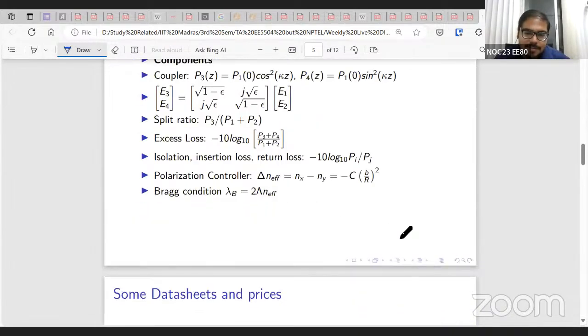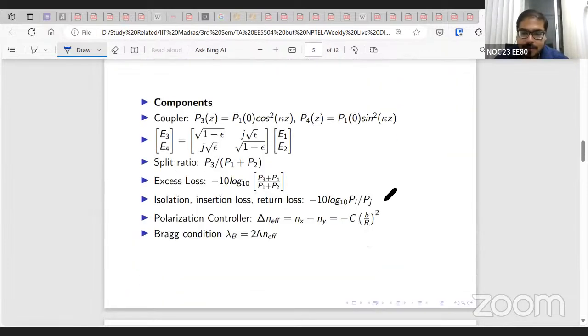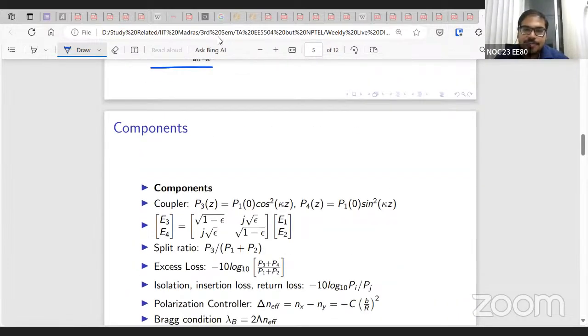So there also you find this L effective and then apply this threshold. Pretty straightforward questions in that section. Are there any other doubts?